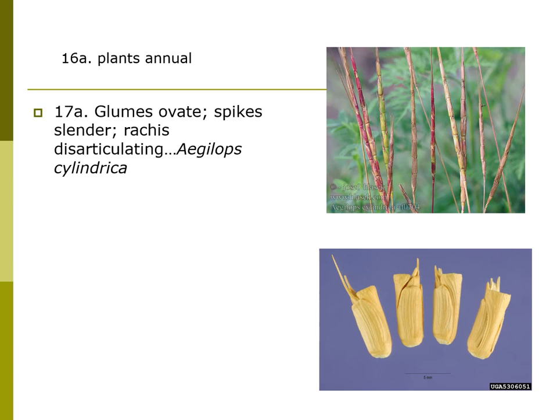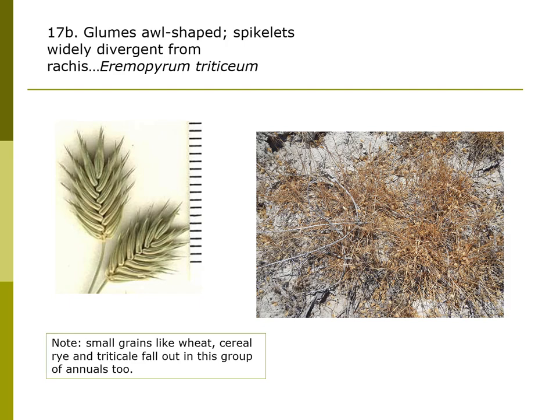Jointed goatgrass. Another annual we're seeing quite a bit of is this false annual wheatgrass, Eremopyrum triticeum. To me, it looks like a very small, stunted crested wheatgrass. But it is an annual. You'll see it early in the spring, and then it dries out by June.